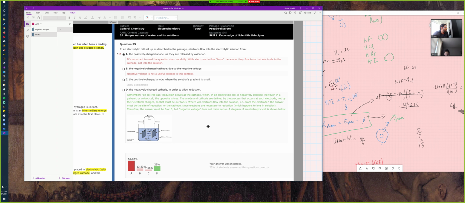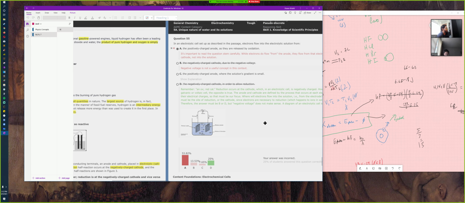So if electrons flow from something, that something loses the electrons, which means it's oxidized. Right, yeah.